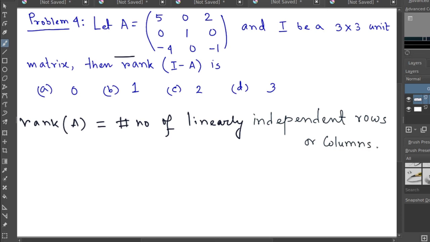If you do not know the definition, please go and read some basic linear algebra books. Almost every book has that definition.